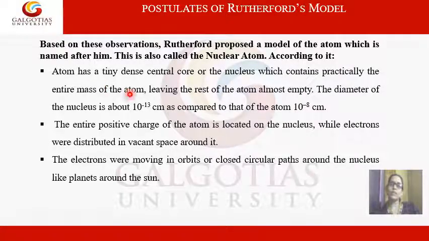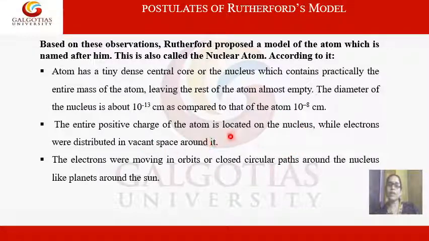Based on this observation, Rutherford proposed a model of the atom which is named after him. According to it, the atom has a tiny dense central core, the nucleus, which contains the entire mass of the atom, with the rest of the atom almost empty, and the diameter of the nucleus is very small, about 10 to the power minus 13 centimeter, compared to that of the atom.